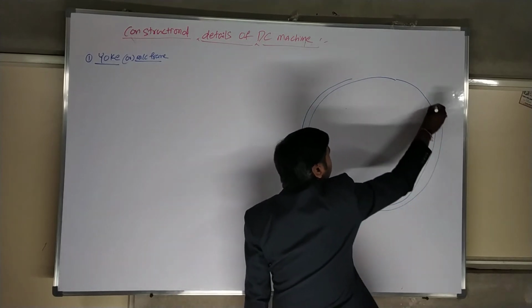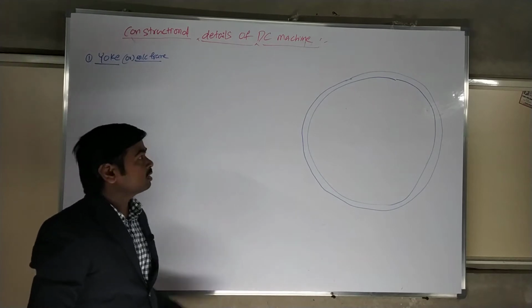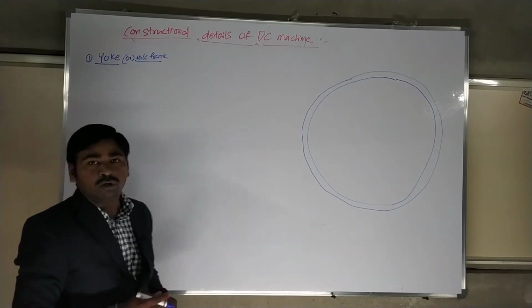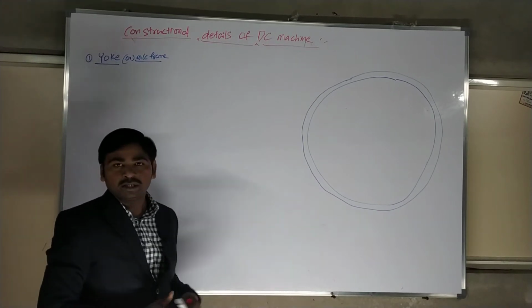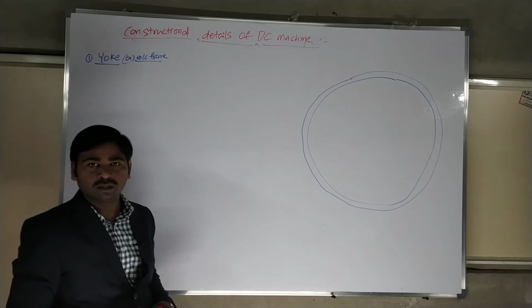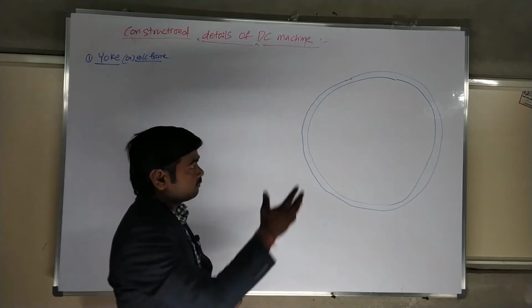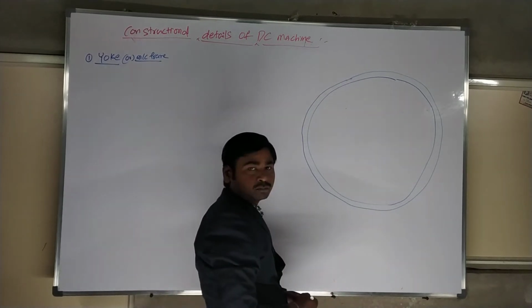This complete outer cover of the DC machine is the yoke. The purpose of the yoke is protecting the complete DC machine. It also provides flux distribution from one pole to the other pole. The flux will pass through the yoke.